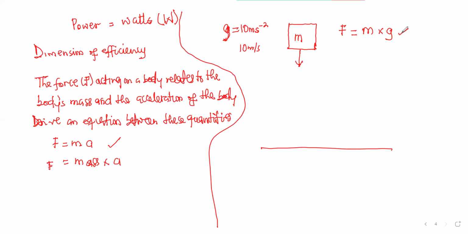Okay, so this value of g is, in fact, not constant throughout. The further we move from the surface of the earth affects the value of g. But within the atmosphere, this g is constant. Let's assume the atmosphere is about 100 or 200 kilometers from the surface of the earth.